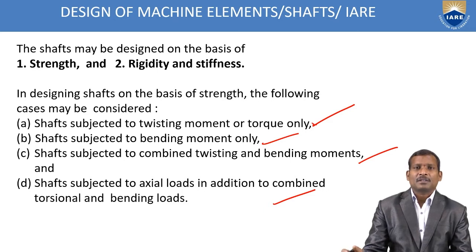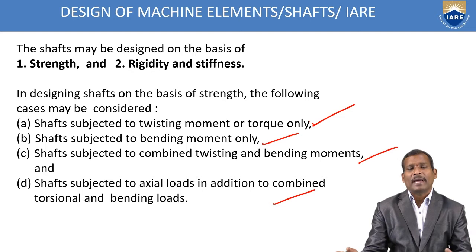When it is subjected to torsional loads, you should take the first criterion. If it is subjected to bending moment, the second criterion. Sometimes the combination of these two, the torque and bending moment, will act on the shaft due to the combined loads.